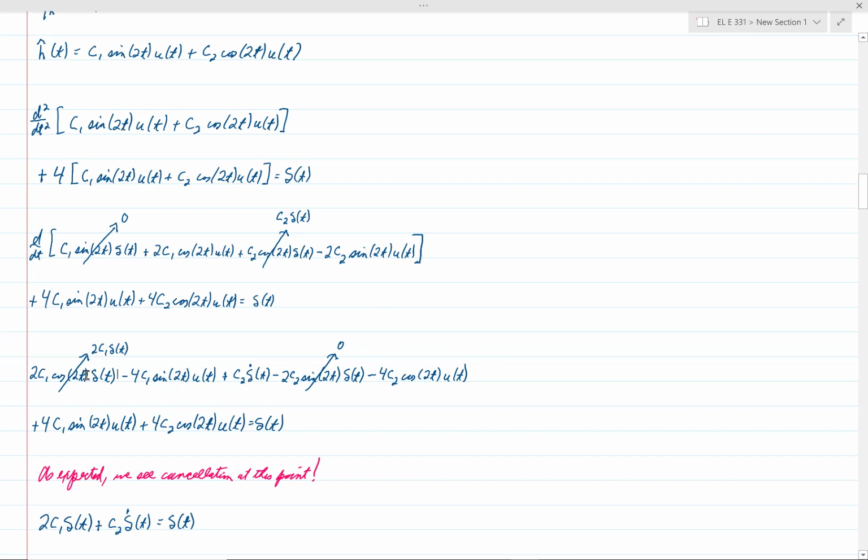And when we evaluate that at t equals 0, that's 2c1 cosine of 0, or just 2c1. So this becomes 2c1 delta of t. And down here, negative 2c2 sine 2t is playing the role of f of t. So f of 0 would be negative 2c2 sine of 0, which is 0. So this goes away.